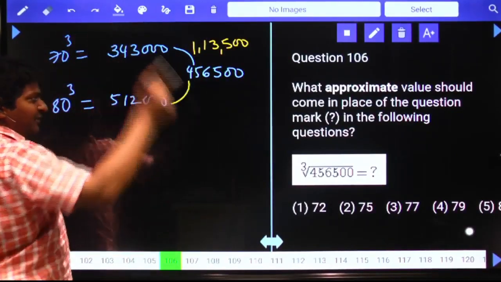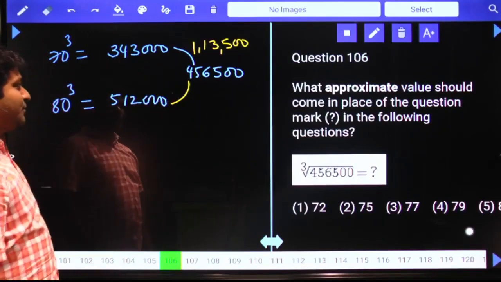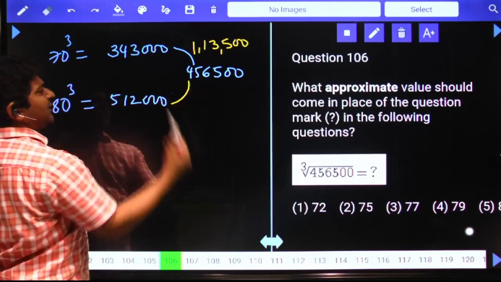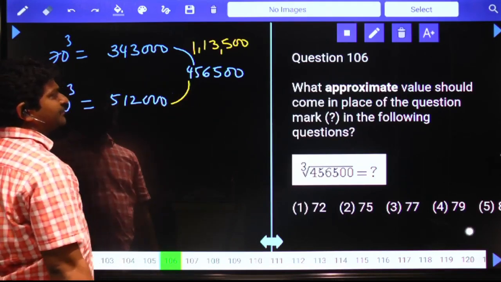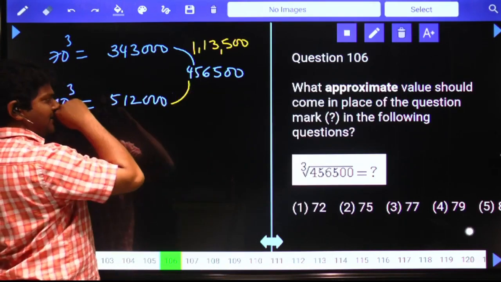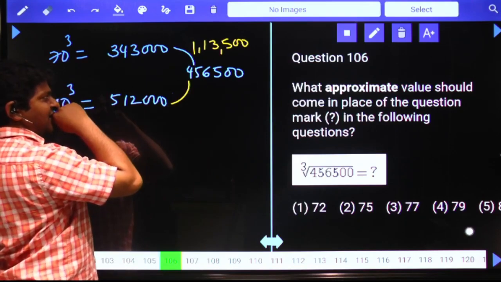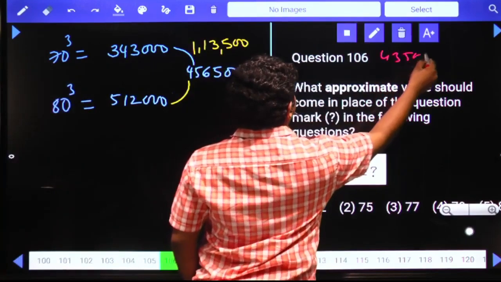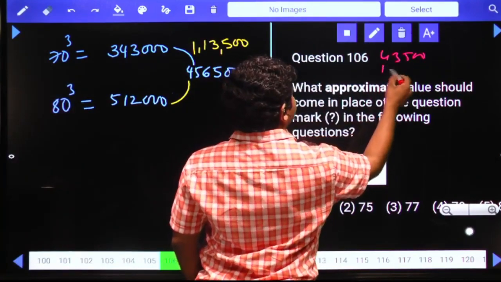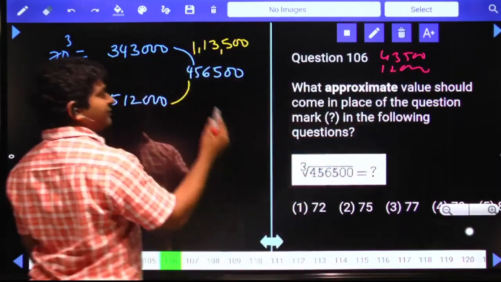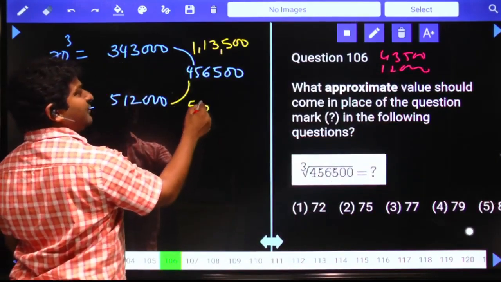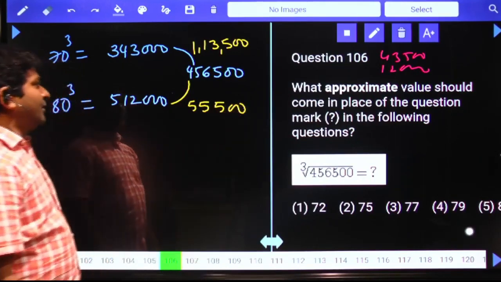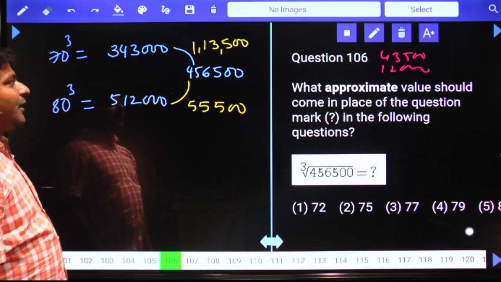And difference between these two numbers is equal to 12,000 here. And here it is 43,500. 43,500 plus 12,000, which is equal to 55,500.